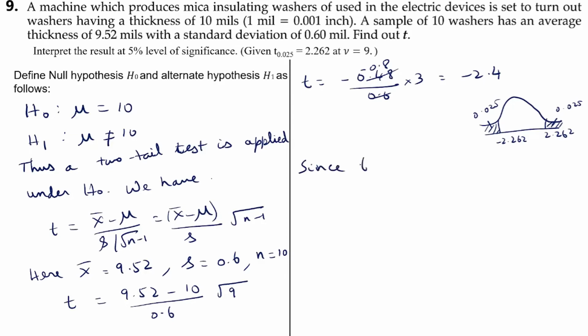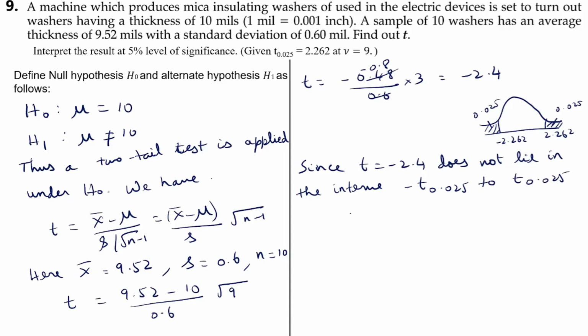Since T equal to minus 2.4 does not lie in the interval negative T 0.025 to T 0.025, that is negative 2.262 to 2.262 for 10 minus 1 equal to 9 degrees of freedom, we reject H0.